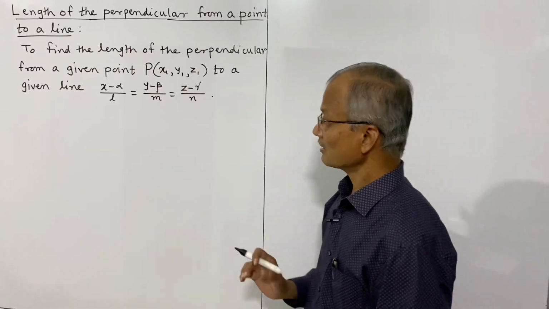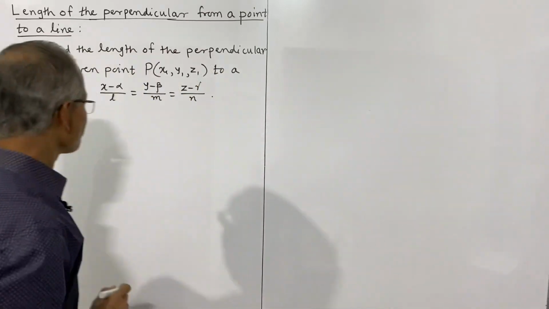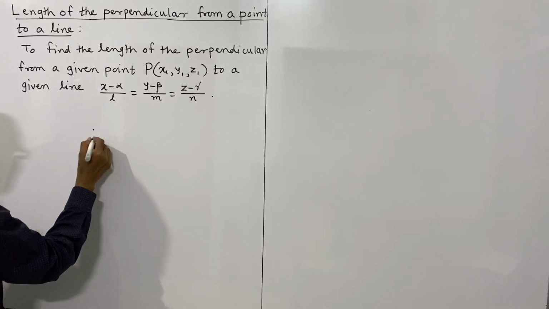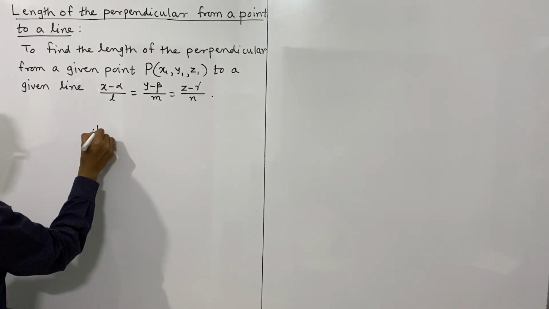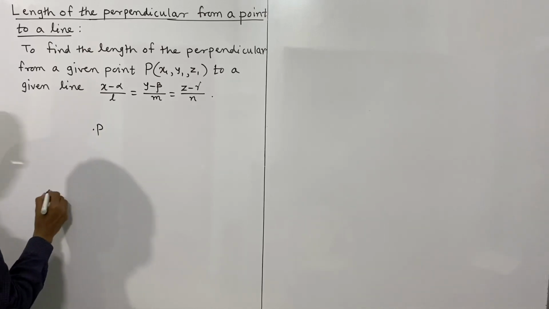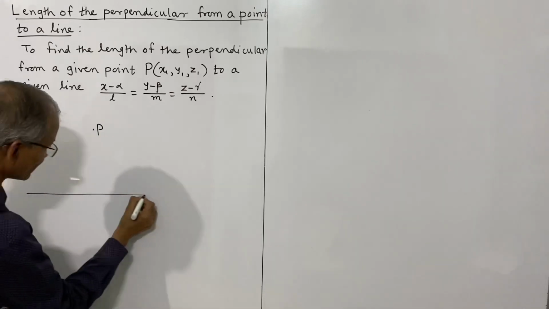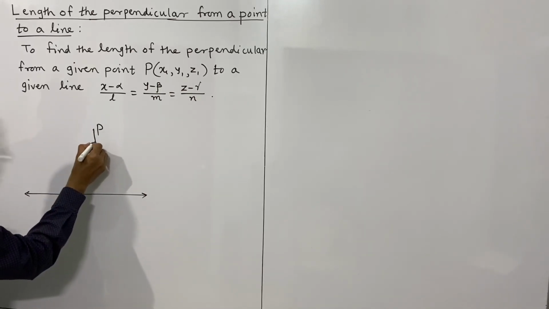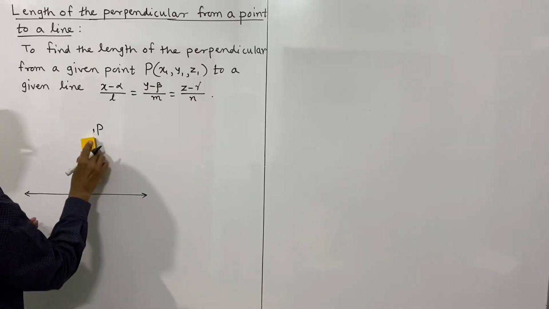So we shall draw a figure for this. Now suppose this is point P from which we want to find the perpendicular distance on a line, and let us suppose this is the line, and the perpendicular distance will be this one from point P on the line.